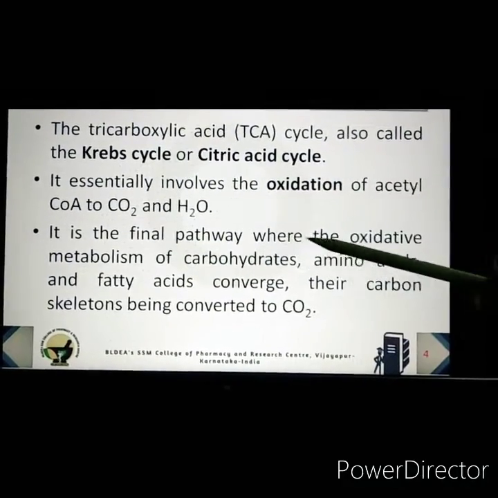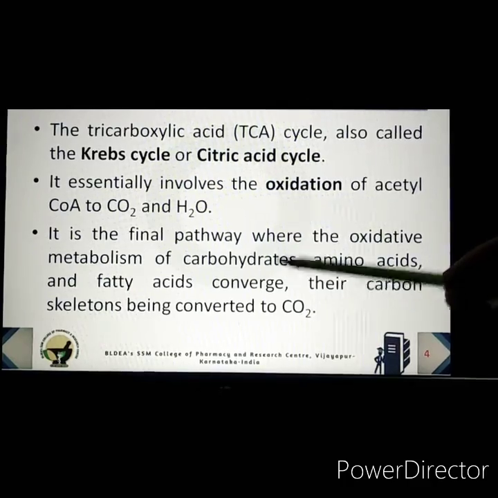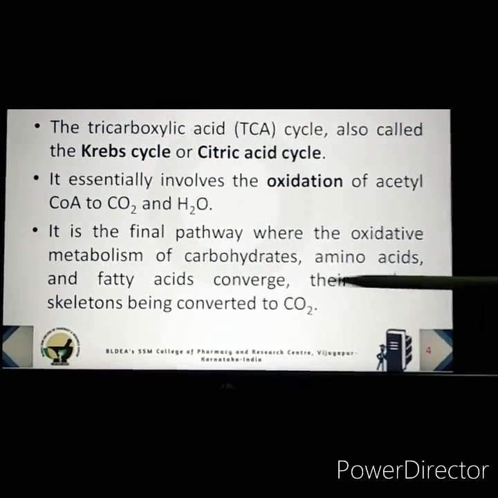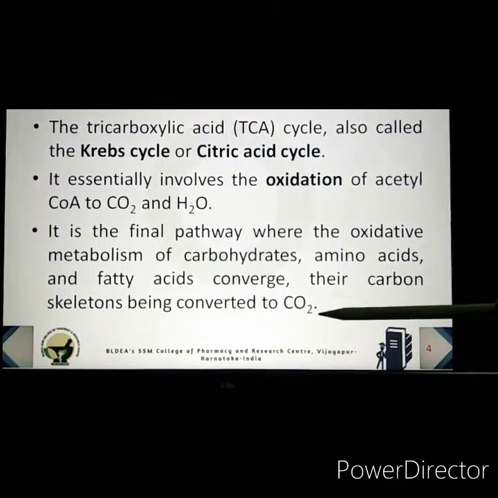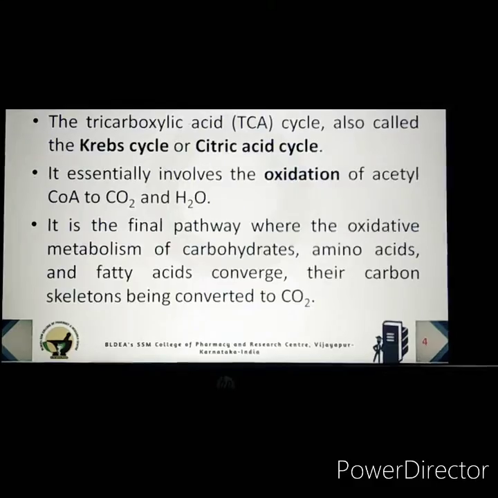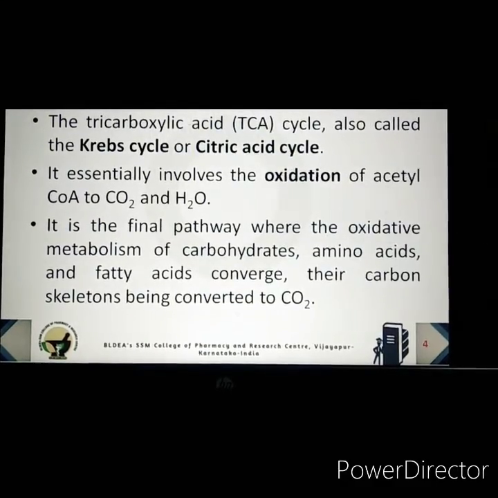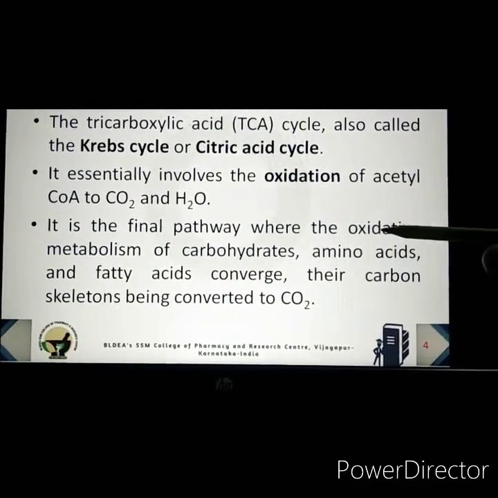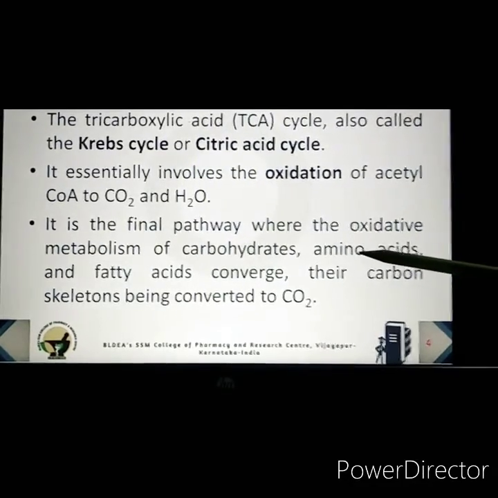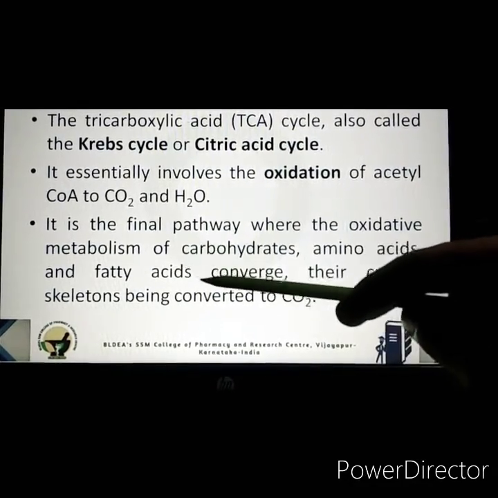It is the final pathway where the oxidative metabolism of carbohydrates, amino acids and fatty acids converge, their carbon skeletons being converted into carbon dioxide. So this TCA cycle is important, and it is the final oxidative metabolic pathway of carbohydrates, and also of amino acids and fatty acids.